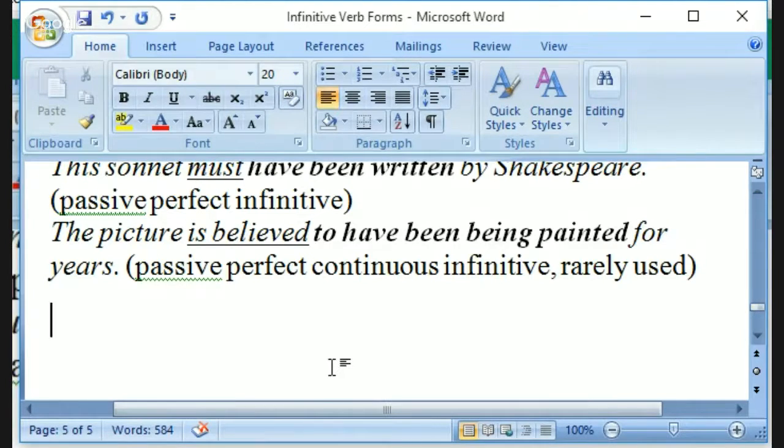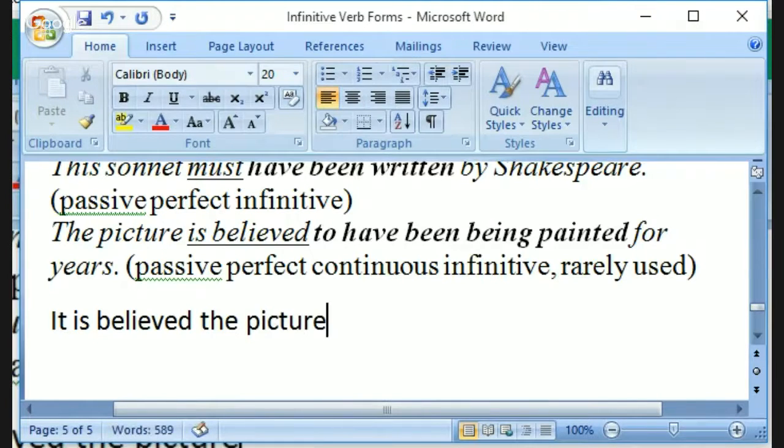But is believed, why past perfect? Maybe because of the previous reason you explained. Present tense. Maybe that reason. It is a present tense, but past perfect follows. Ah, okay. It is believed the picture.